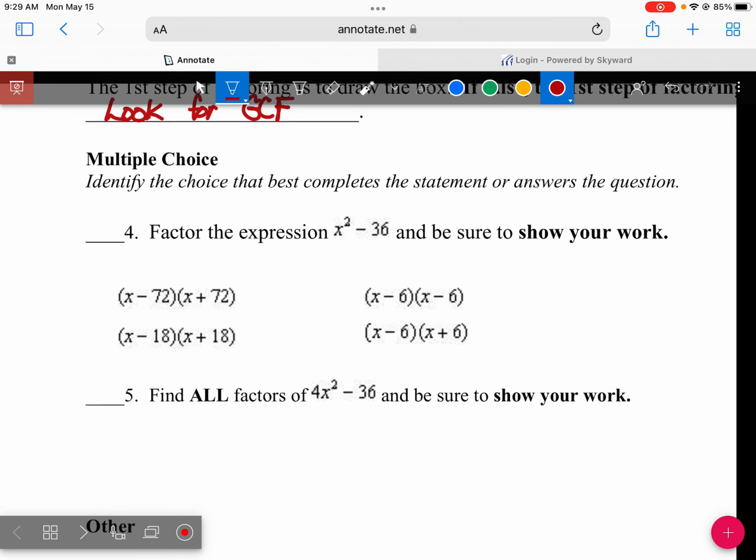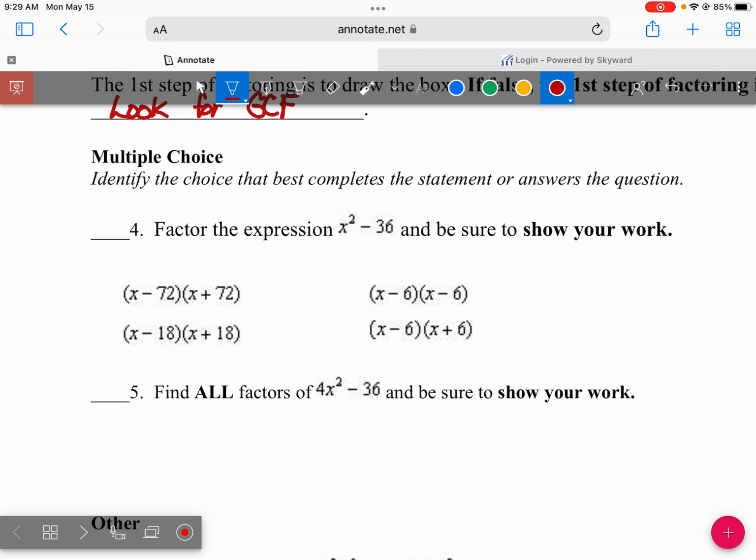All right. Now we have some multiple choice, and actually yours is not quite like this. What do you have for the first one? Right here. What do you have right here? In that position. Oh, it says 1 times x plus 72.